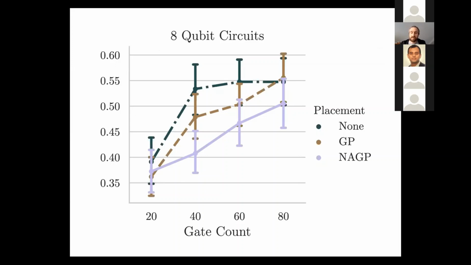That's our usual algorithm where we try to find the largest subgraph which can be fitted onto the architecture without any swaps. And then we could improve graph placement by adding noise awareness, and that is the purple trace. And we can see that if we are sufficiently careful in choosing our placement with knowledge of the noise in the device, then for the same level of Jensen-Shannon divergence, we can almost double the depth, or more than double the depth of the circuit, depending on what you compare against.